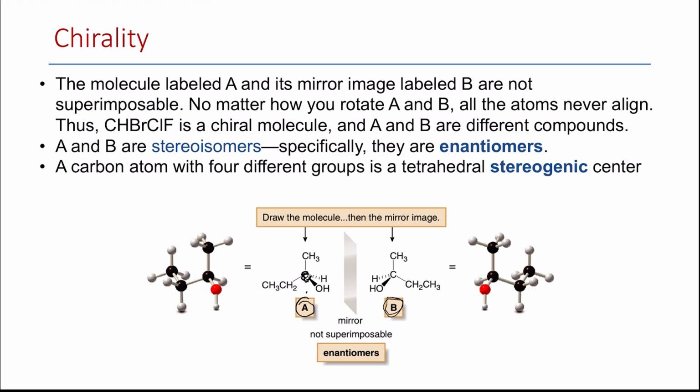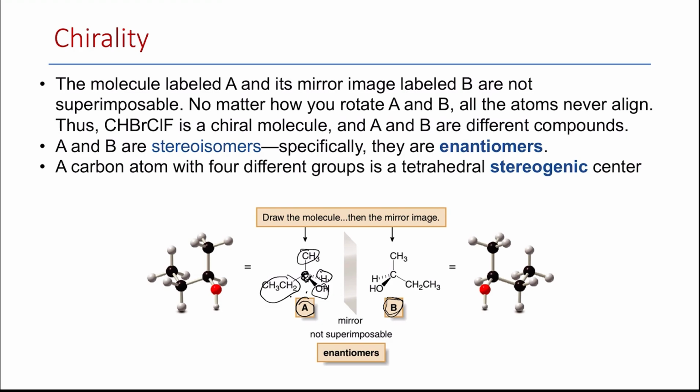If you have a tetrahedral carbon atom, and tetrahedral carbon here means a carbon that has four substituents, that has four sigma bonds, not a carbon with a double or triple bond. If you have a carbon atom in your molecule and this carbon atom has four different substituents, as you can see here, the substituents are methyl, hydrogen, hydroxyl, and ethyl groups, then this carbon is called a chiral center.